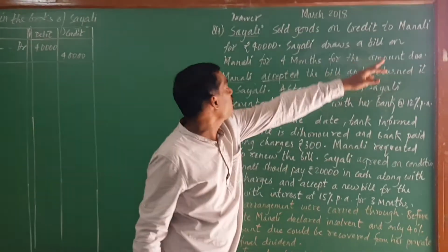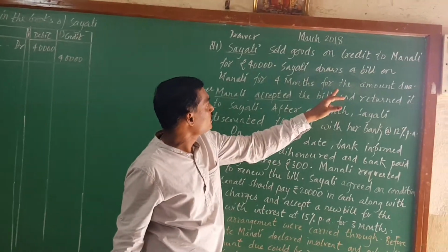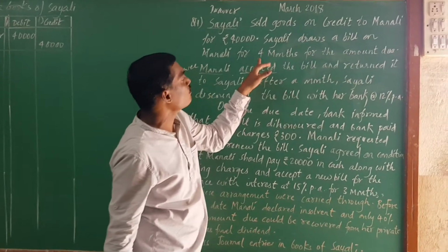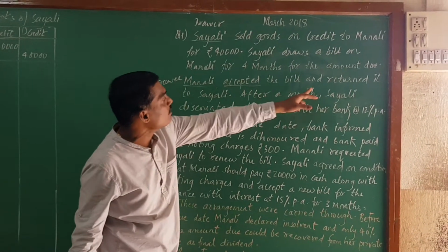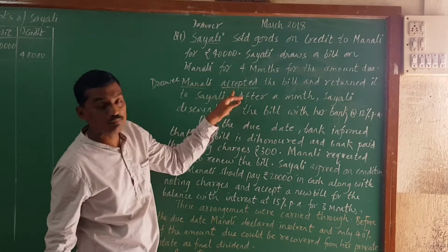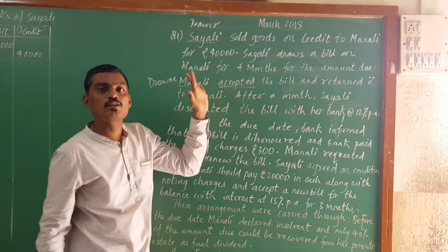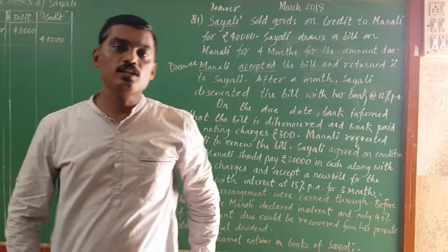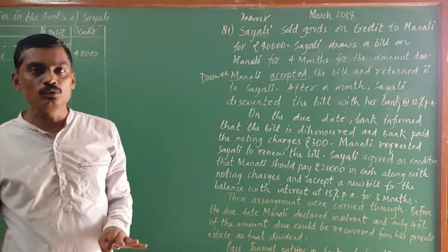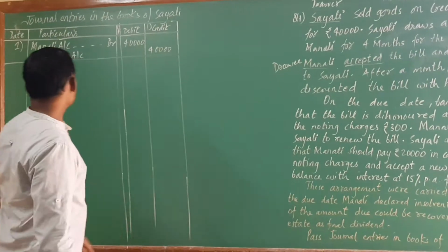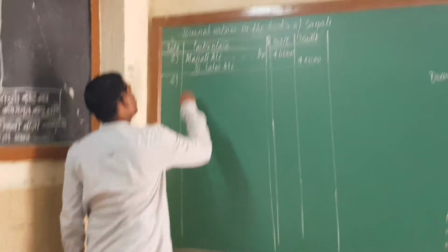Saili draws a bill on Manali for 4 months for the amount due. So the bill is of 4 months. Manali accepted the bill and returned it to Saili. So now, acceptance. Accepted is what? Acceptance entry. So the acceptance entry is bills receivable account debit to drawee account. Now drawee is Manali.